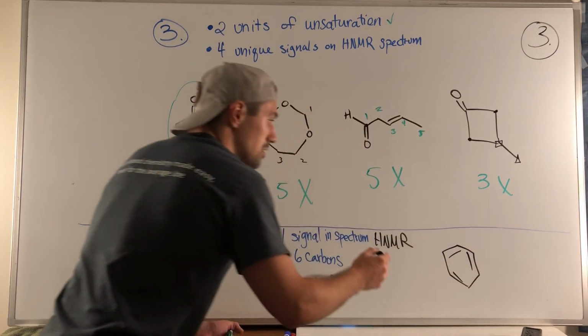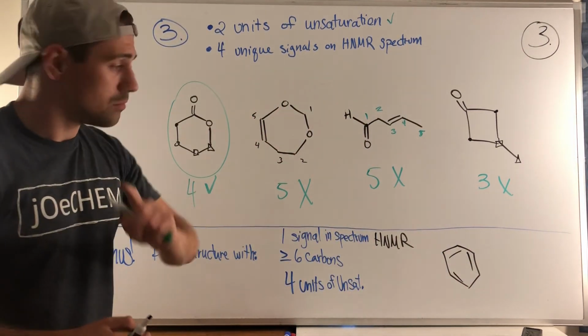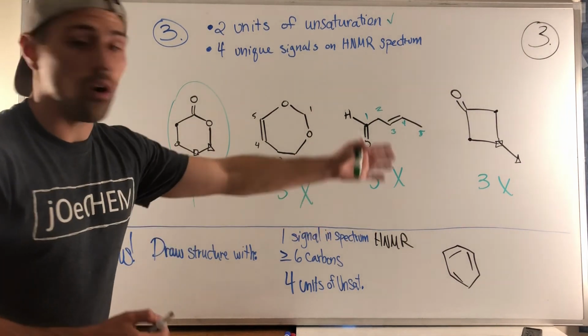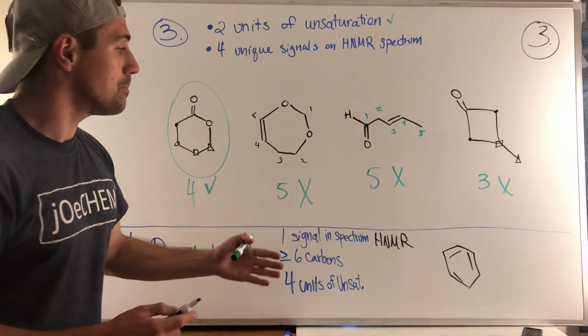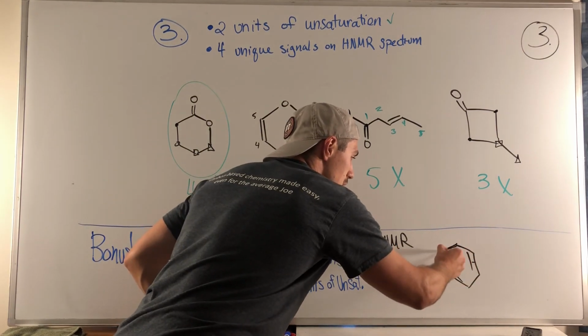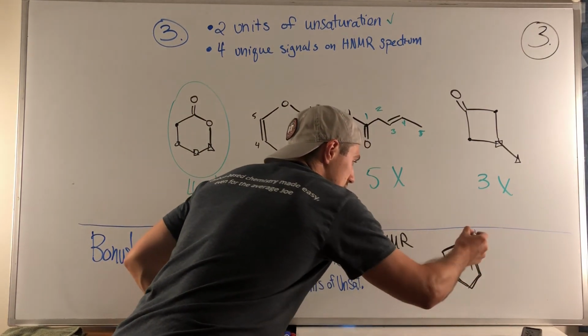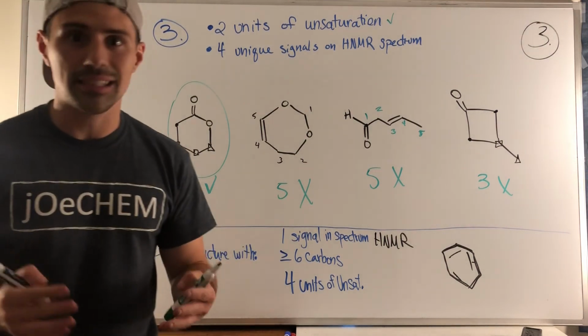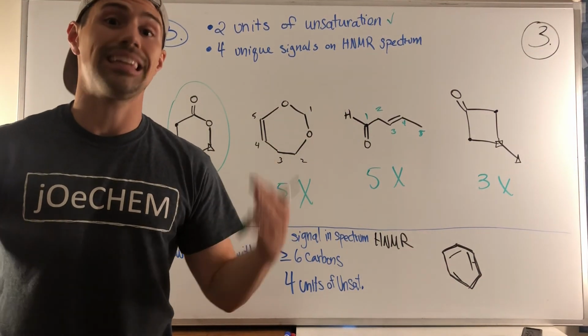What you will see is symmetry, 1 signal, that will represent all of the protons in the structure, as well as 1, 2, 3, and 4 units of unsaturation. Benzene is the easiest, simplest example you can come up with here.